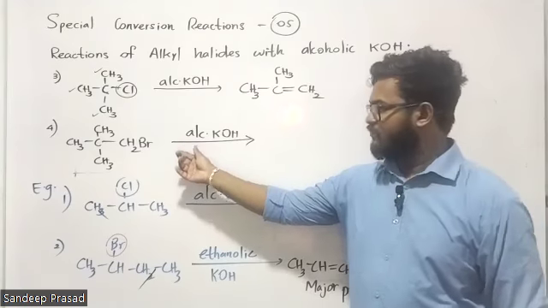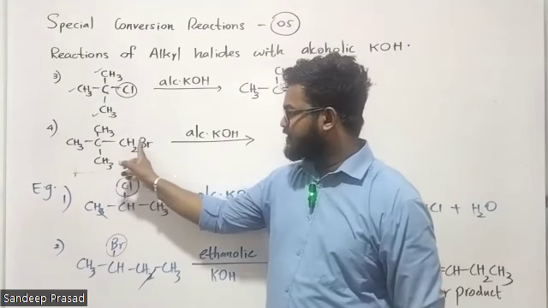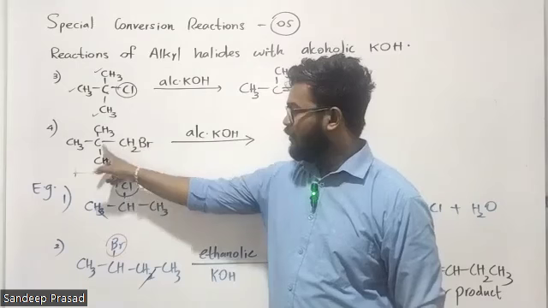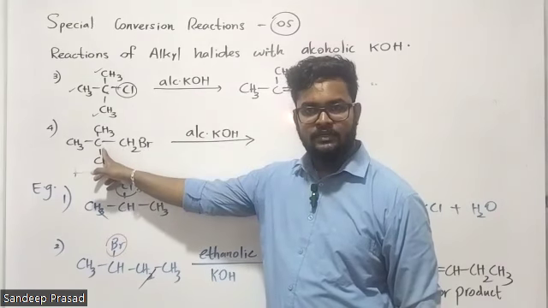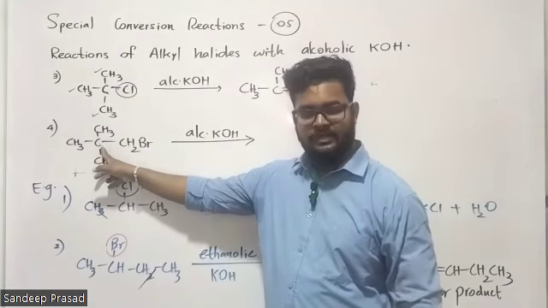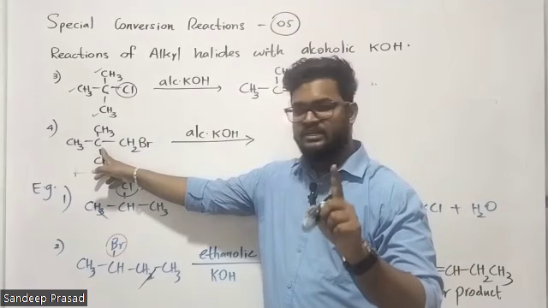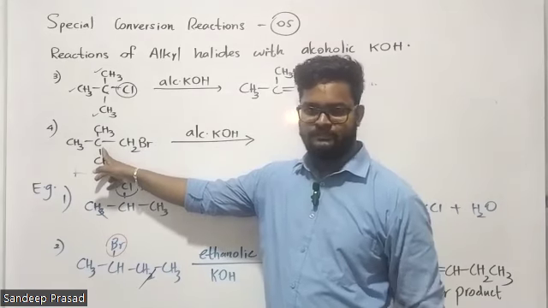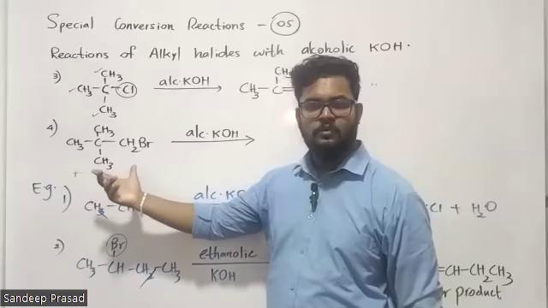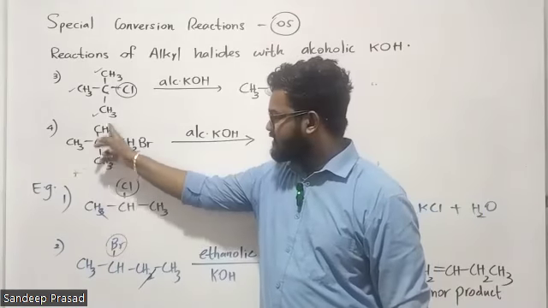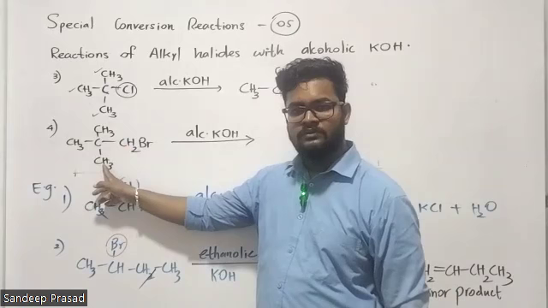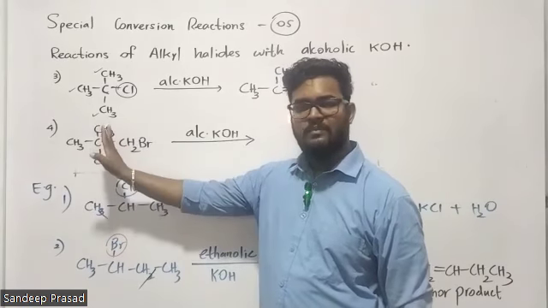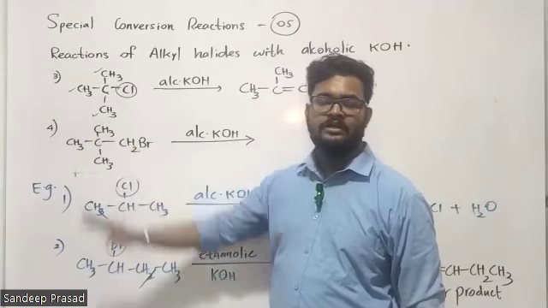There won't be any reaction. Why? Because this is the carbon atom which is connected to the halogen atom. Look at the neighboring carbon atom. The neighboring carbon atom doesn't contain at least one hydrogen. That carbon is containing three alkyl groups. All of them are alkyl groups, no hydrogen atom.